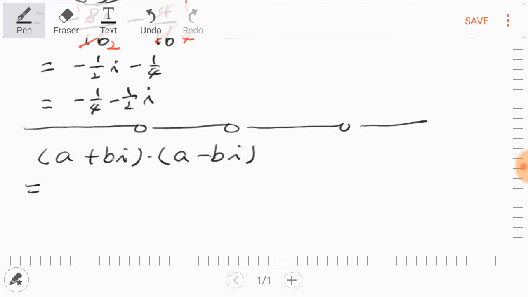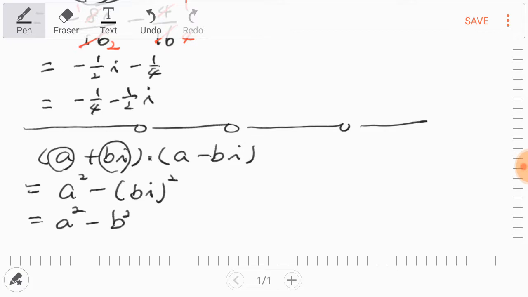Using the FOIL method, this is the product of a difference of squares, a plus b times a minus b format. So it's going to be a squared, the first term squared, minus the second term squared.